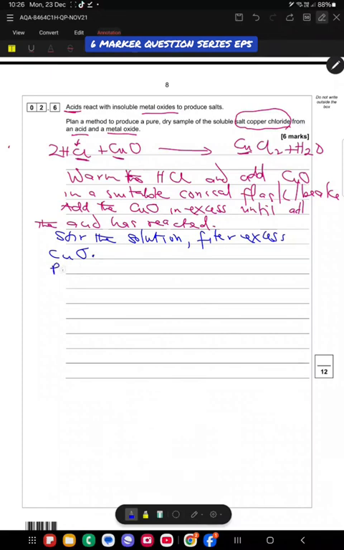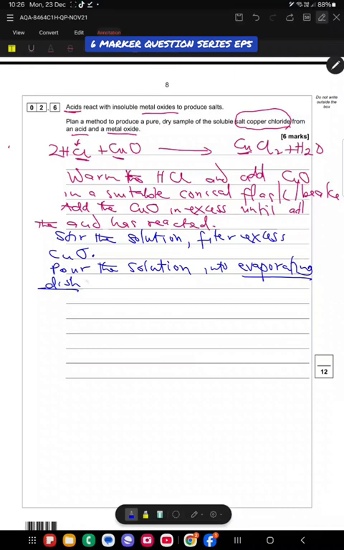Then your next step will be that you pour the solution with the salt. Now the salt is aqueous, so it has dissolved in the solution. You pour it into an evaporating dish. This is very important, you must mention that you are going to pour it into an evaporating dish.